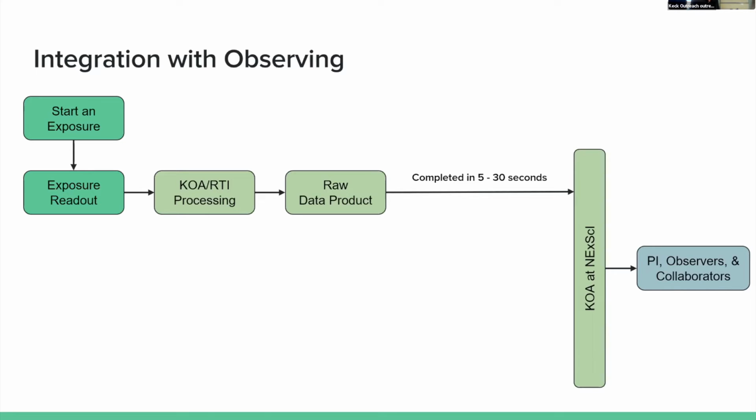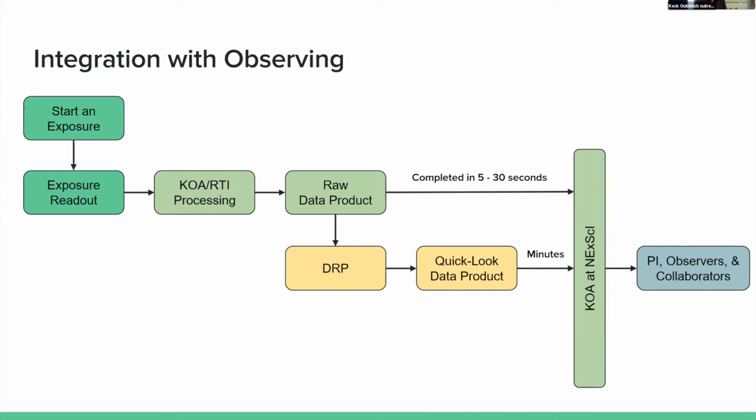This is RTI, and so after every exposure readout, RTI is now automatically detecting that. It produces this raw data product, ships it over here to California, and archives that data. So that process is happening all night long now, but it doesn't end there. That raw data product, once it's created, the DRP kicks in.